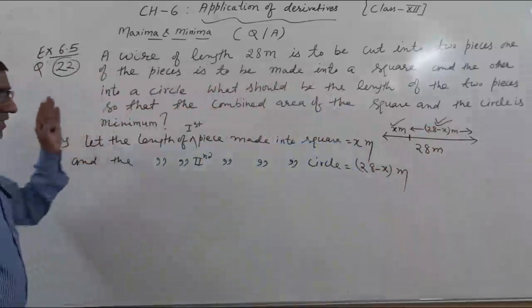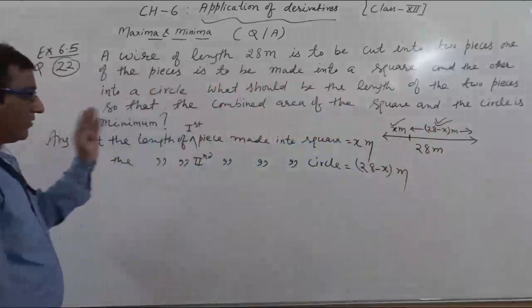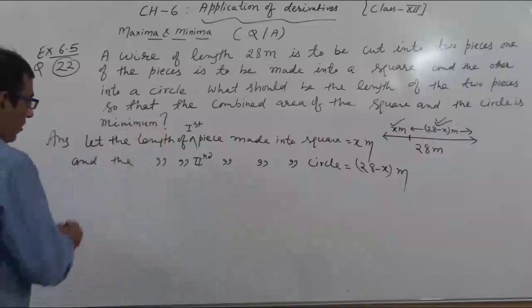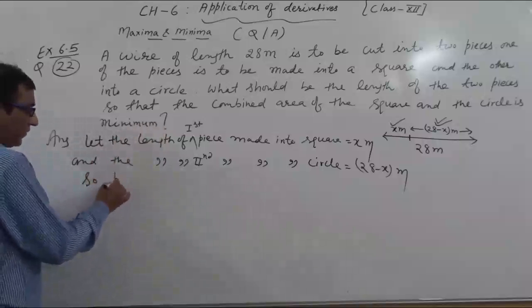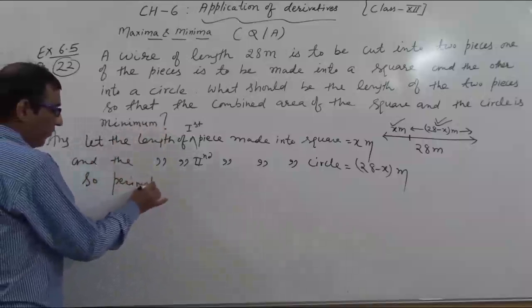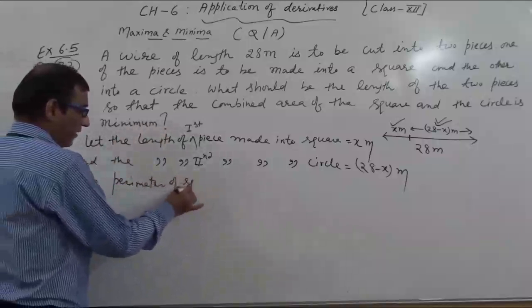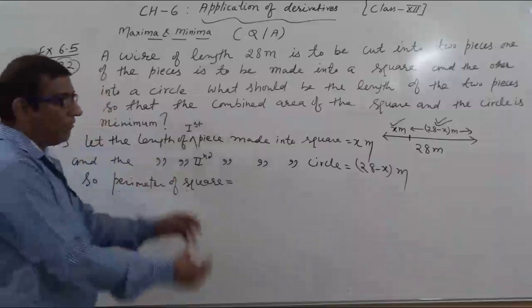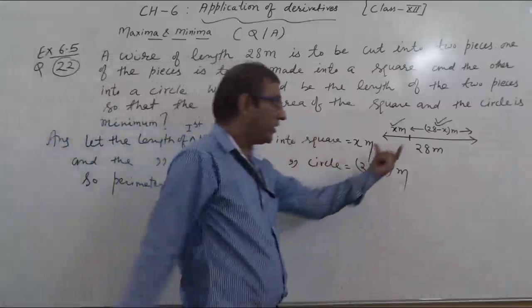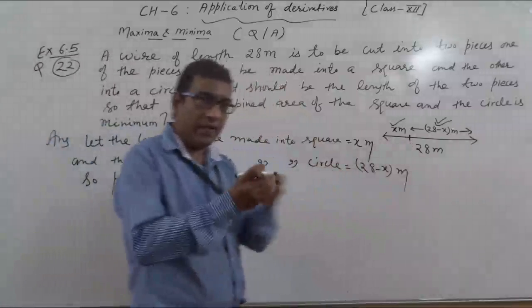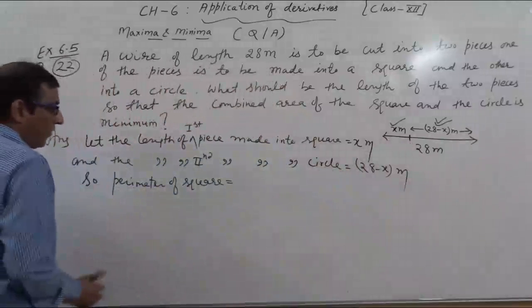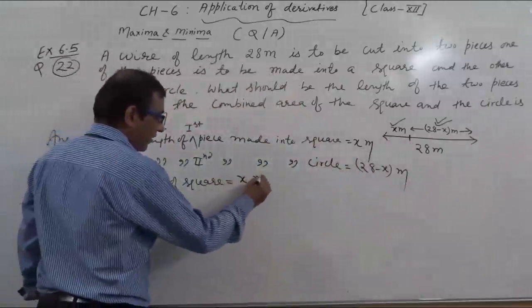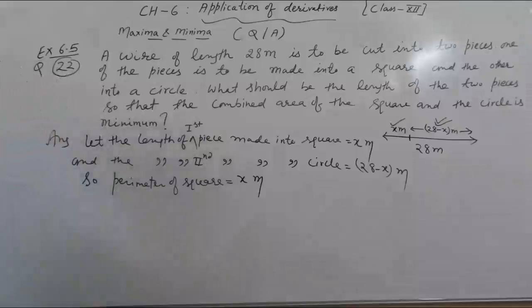First piece is related with square and the second piece is related with circle. So what will we say for the perimeter of square? When you fold or mold this piece, its length will never change. So we can say the perimeter of the square is x meter, right?